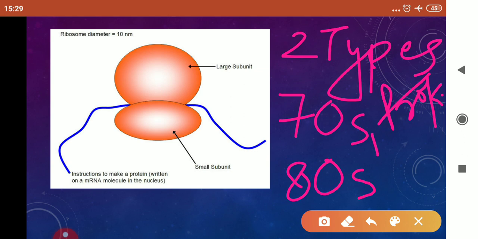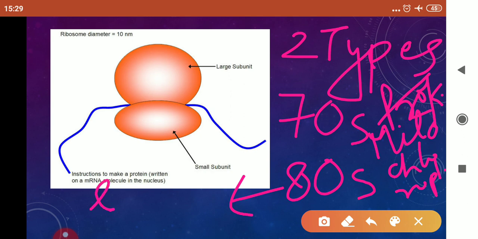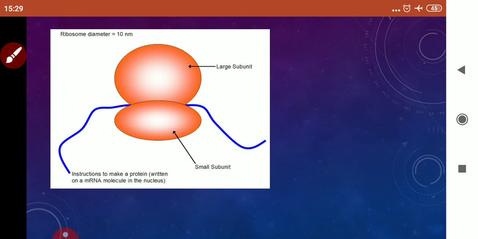Also, they are present inside mitochondrial matrix and the stroma of chloroplast. This 80S ribosome is present in eukaryotic cell. Now children, in the next slide, I will tell you about the subunits of both types of ribosomes.